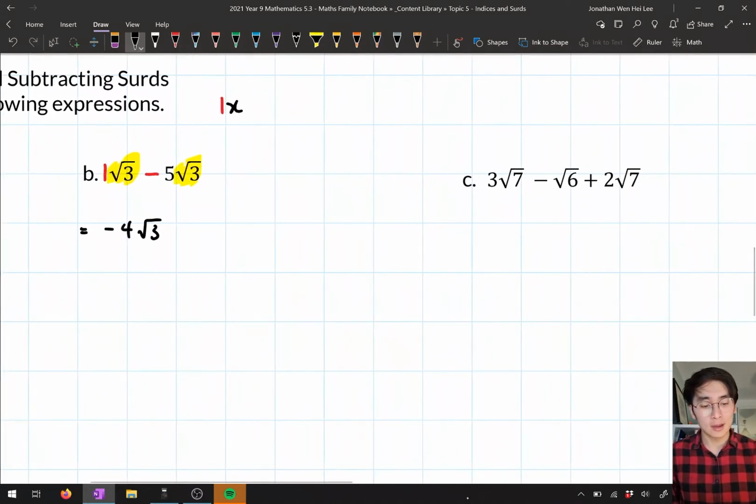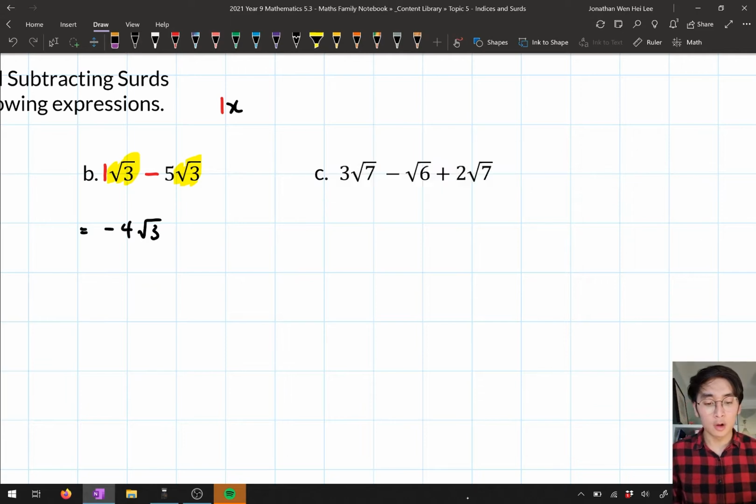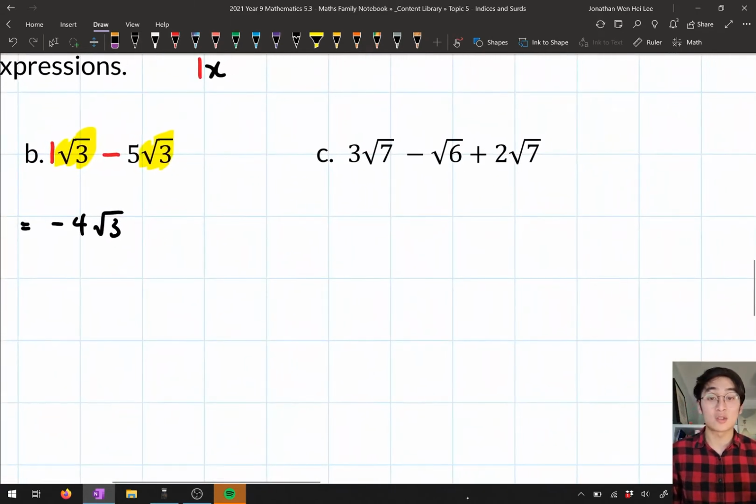Okay, last example here. Let me try and move it again. There we go. Here I've got 3 root 7 minus square root 6 plus 2 root 7. Now what we can do is only combine like surds. So which terms are like surds? Well, we've got this term here, which has a square root 7, and this term here, which also has a square root 7, so these two are like surds.